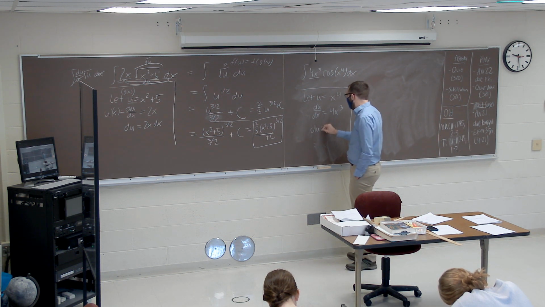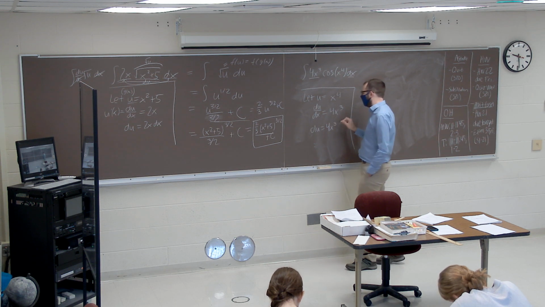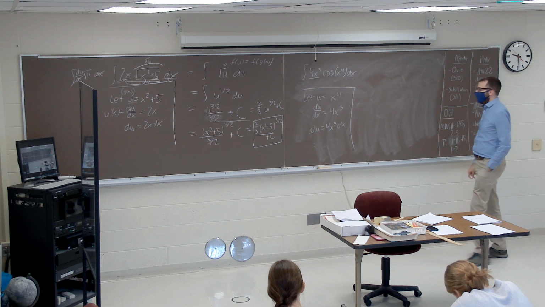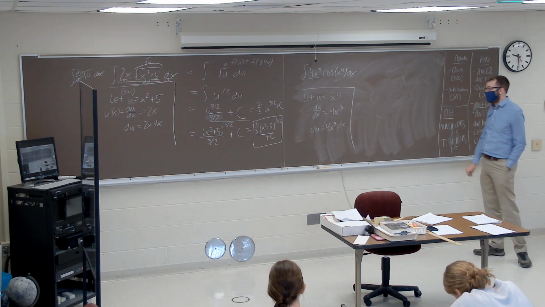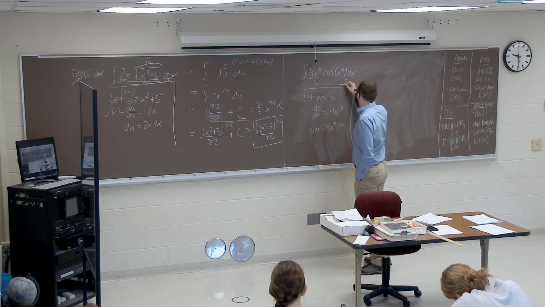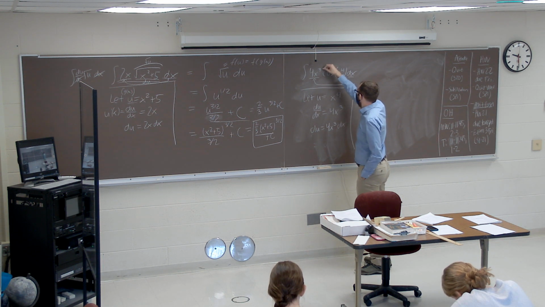That tells us that if we want to get a du term in there, we can replace 4x cubed times dx with a du. So these two terms will combine to give us our du.